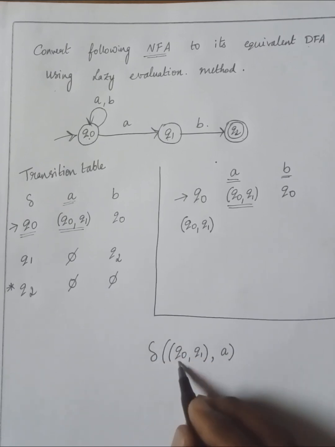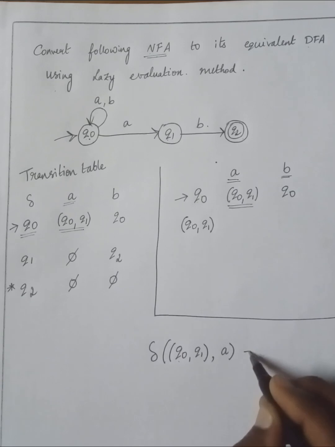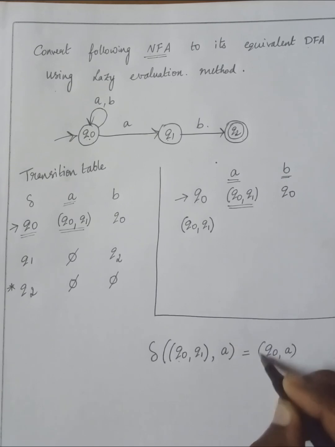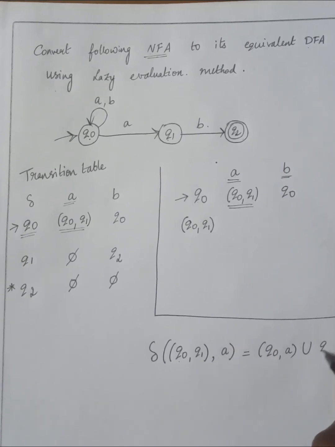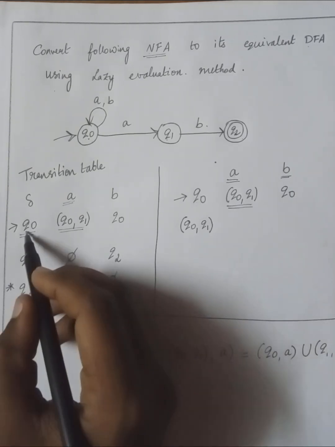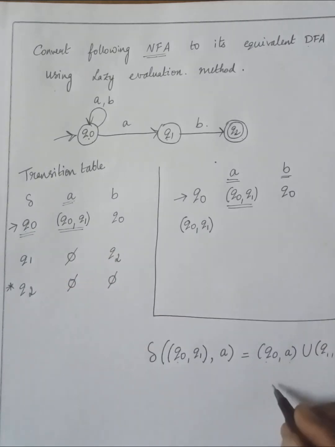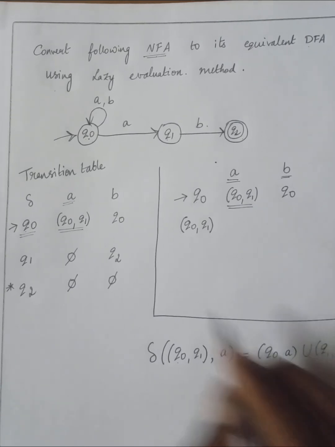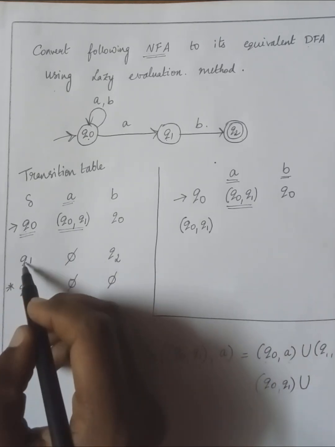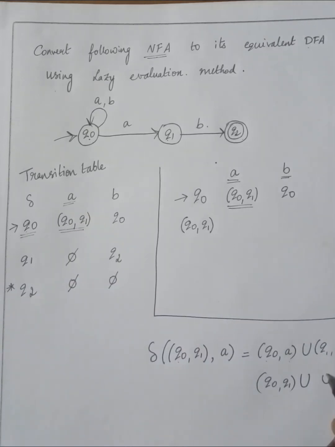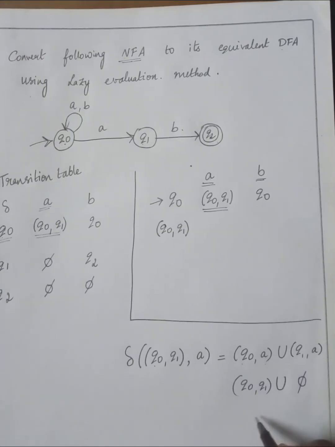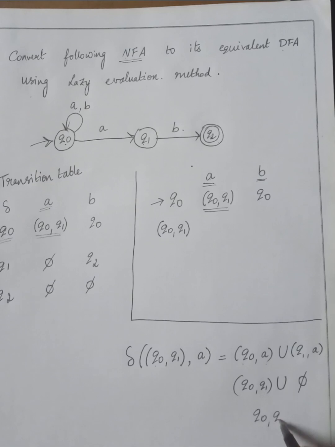The transition of Q0, Q1 on A: we want to check both, that is Q0 on A, union it with Q1 on A. In the table, Q0 on A goes to Q0, Q1, so Q0, Q1 union Q1 on A. Q1 on A goes to the null state. If you join the null state with this set of elements, you get the same state, that is Q0, Q1.